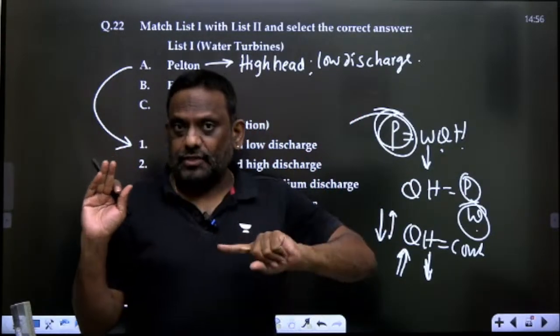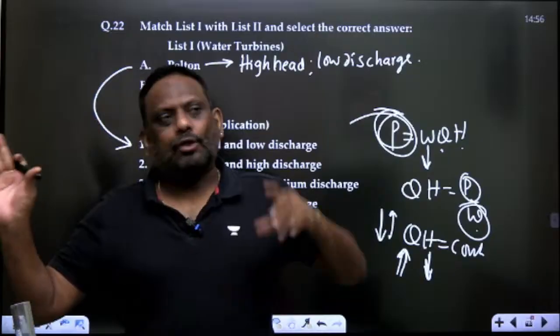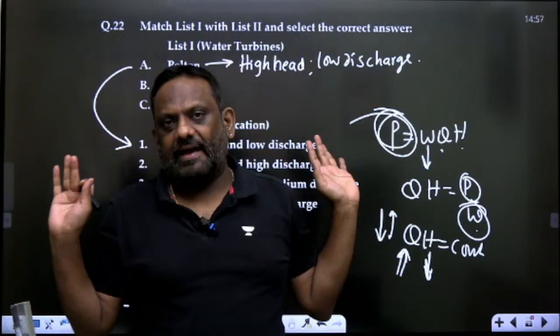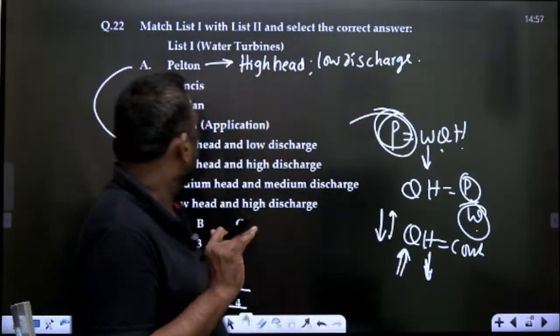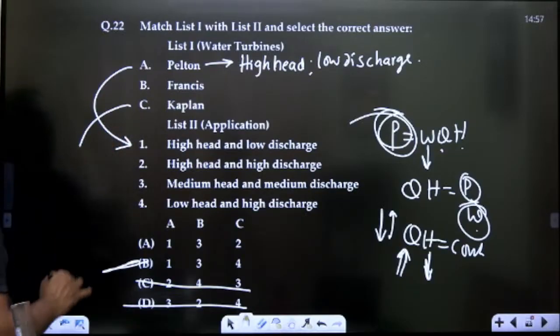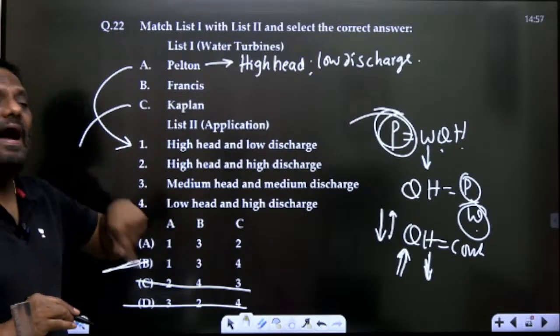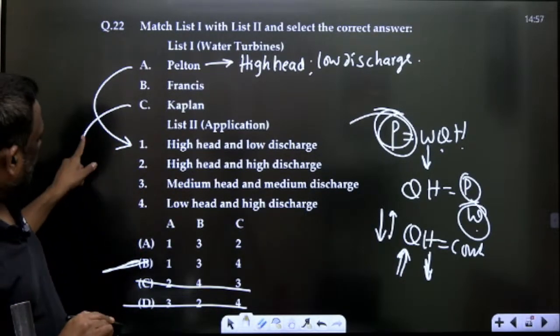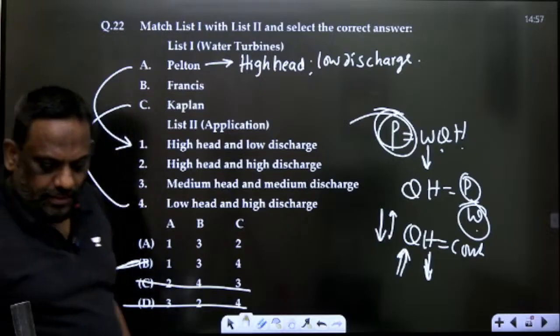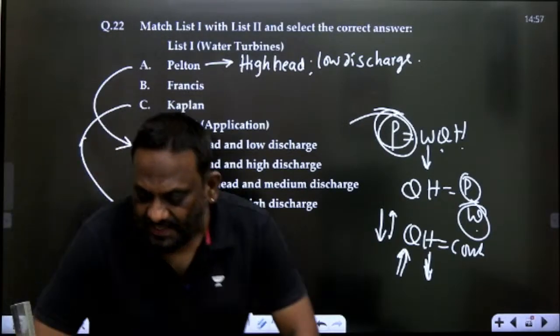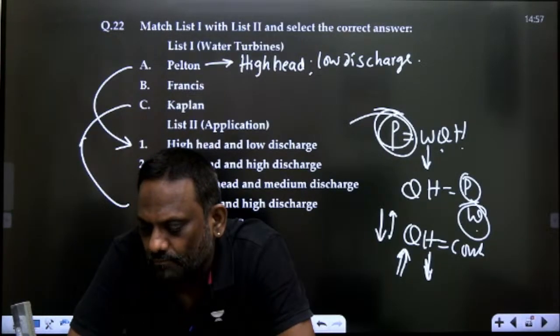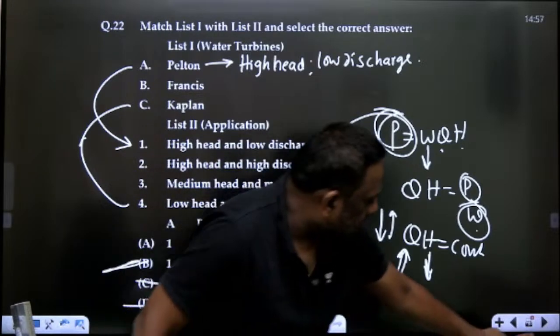And Kaplan turbine is low head, high discharge, so 4. So option B of question 22 is correct, sir.